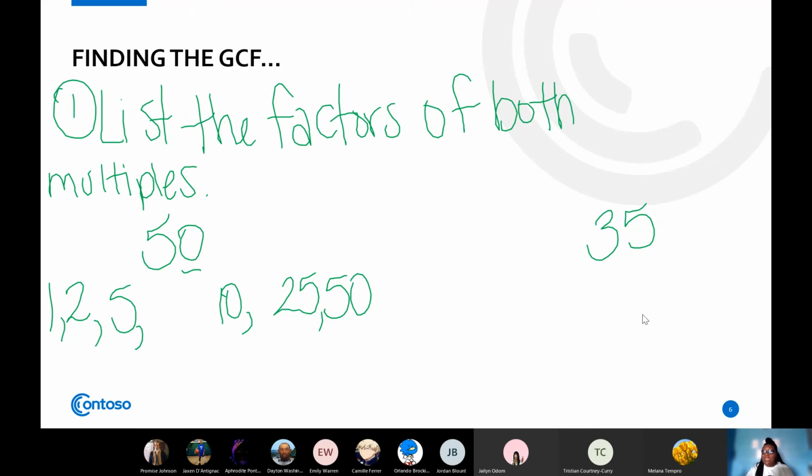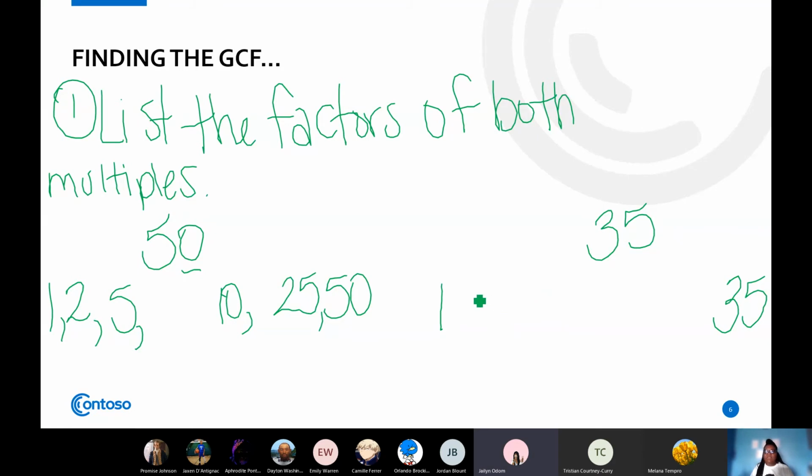Now, we want to list the factors of 35. We always start off with 1 and 35. Is this divisible by 2? No. How do you know that? Because it doesn't end in an even number.